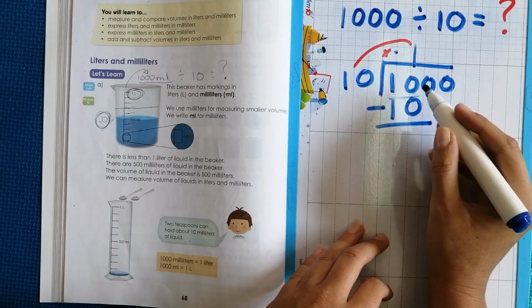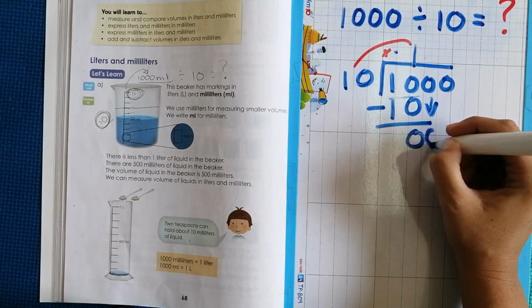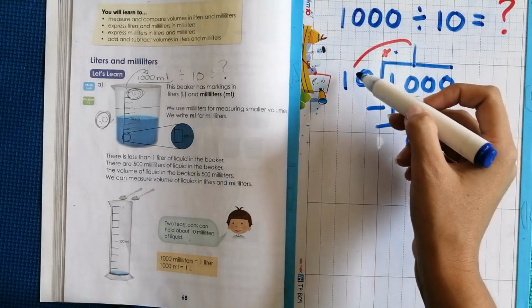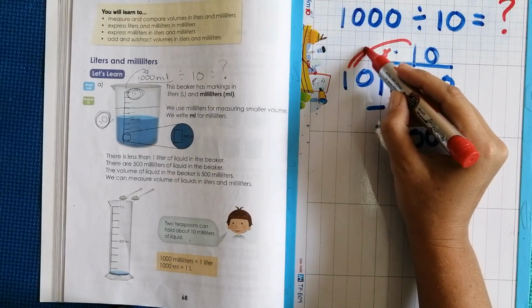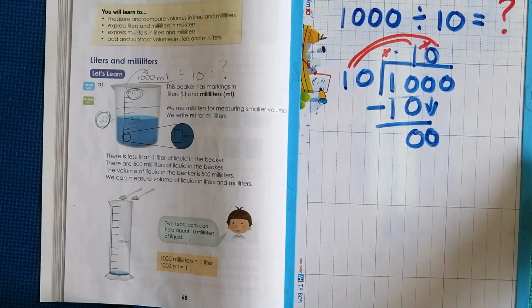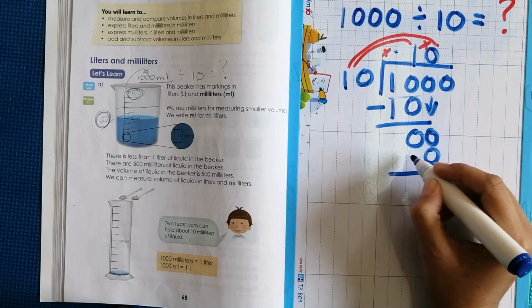Draw a line, subtract. 10 minus 10 is 0. Bring down your next 0. Remember to work in columns. Can 0 be divided by 10? Absolutely not. 10, don't forget your rainbows. 10 times 0 is 0.